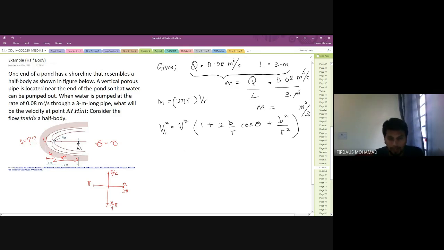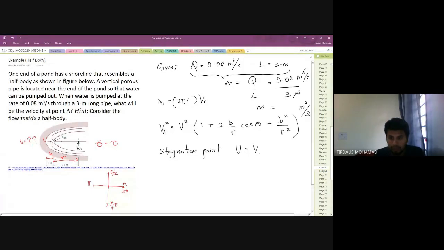Okay, so you can watch a video for the half body. For the stagnation point, the stagnation point is defined when the coming velocity, the uniform velocity U, equals the radial velocity from the source.